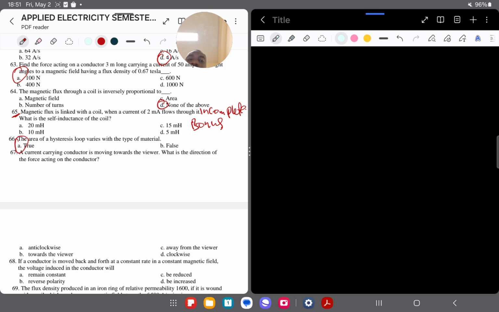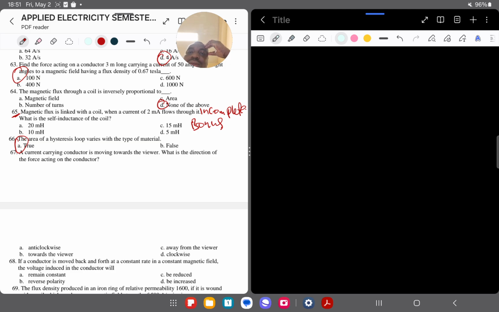So there is a problem with this question, question 67. It should be the direction of the magnetic field. Why? When we talk about force acting on the conductor, it can only be upward or downward, right?